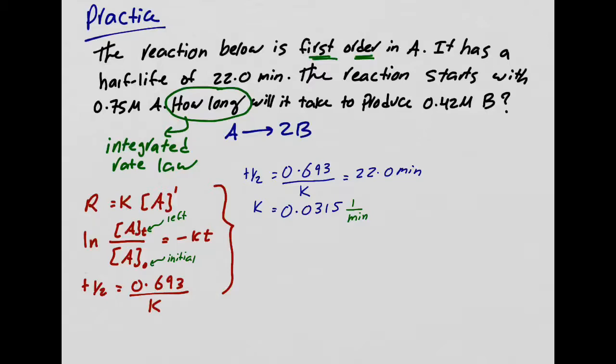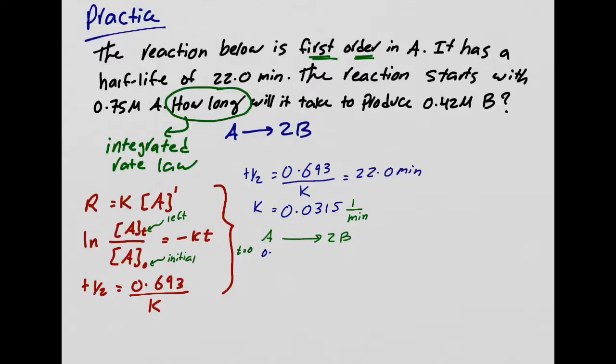Then I'm going to write down, remember the equation was A going to 2B. Alright, so I have k, which is great. Now I need to use the integrated rate law to figure out how long does it take to produce 0.42 molar of B. Now at t0, at the beginning, how much of A do you have?